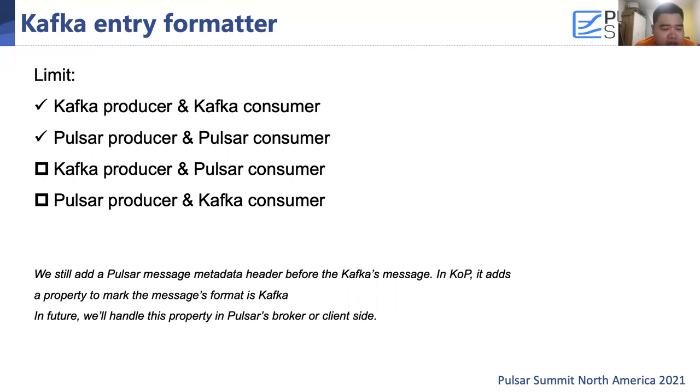But we still add a Pulsar message metadata header before the Kafka message. In KOP, it adds a property to mark that the message's format is Kafka. So in future, we'll handle this property on Pulsar's broker or client side. After that, the messages produced by Kafka producers can be consumed by Pulsar consumers.